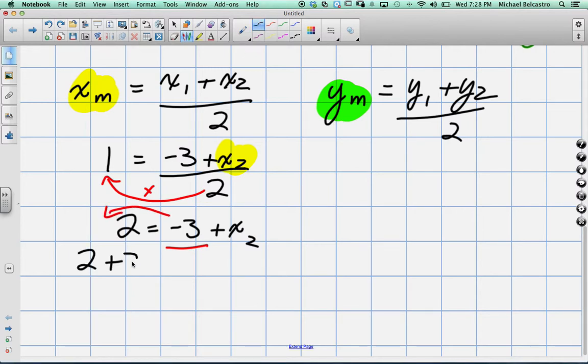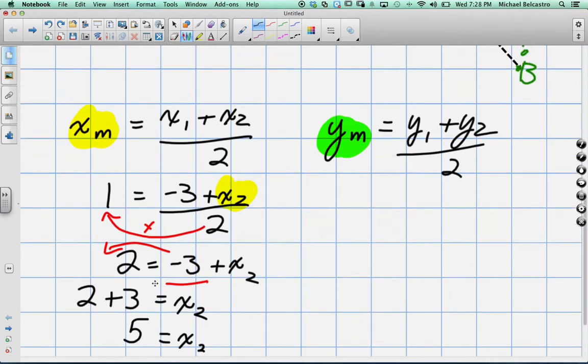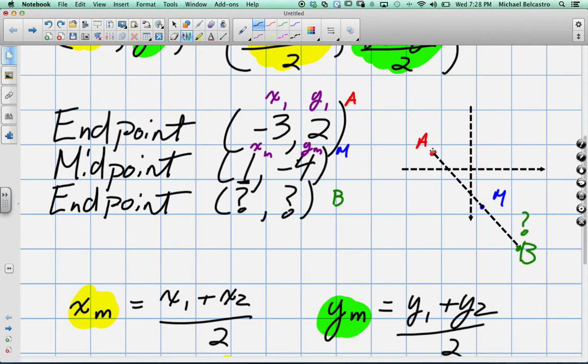So we get 2 plus 3 is equal to x2. So x2 is what? 5. That's right. Excellent. So our x2 is 5, which makes some sense. Remember, this one was -3, this one here was at 1, so at 5 is where our B is going to be. That's what it would be in line with.